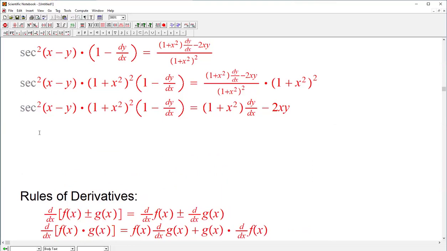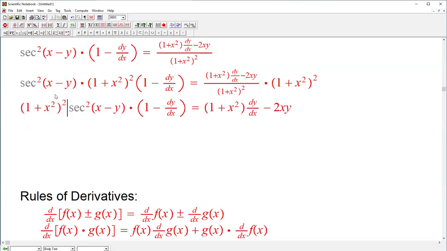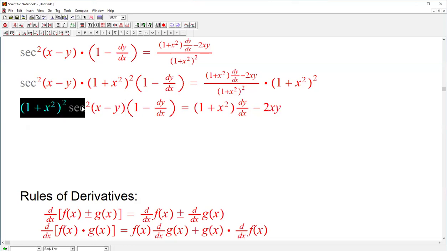Next, we still have dy dx on separate sides. That's okay, okay? And for clarity, we can actually put this to the front, in front of secant. Okay, this is really just for clarity. So we take the whole of it. This is the whole of it. Multiply 1, and we take the whole of it, multiply negative dy dx.